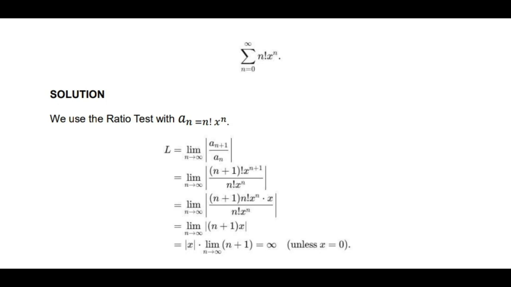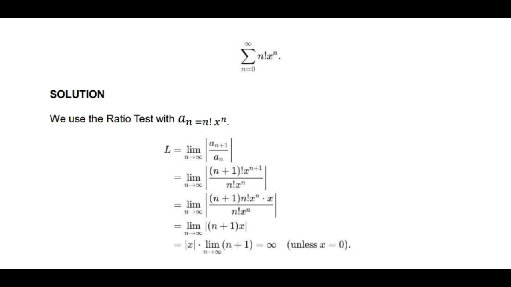So we substitute, and we have the limit of (n+1) factorial times x^(n+1) over n factorial times x^n. So we operate on it, and we have the limit as n approaches infinity of the absolute value of (n+1) times n factorial times x^n times x over n factorial times x^n.